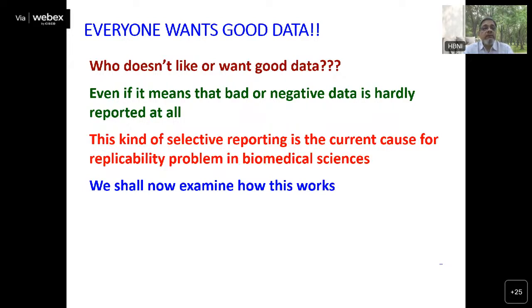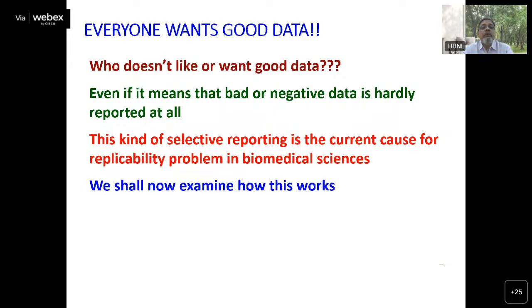So this is called selective reporting of data, and this kind of selective reporting can be a cause for a problem in biomedical research, which is called the replicability problem. So what is the replicability problem? Whenever you publish a paper concerning some biomedical research, people would like to repeat that particular experiment and see whether it is true or not.